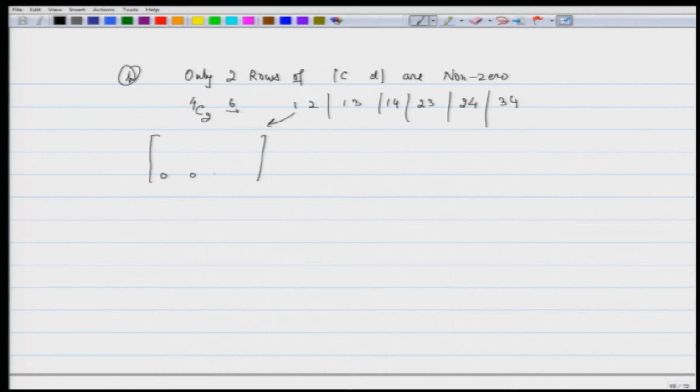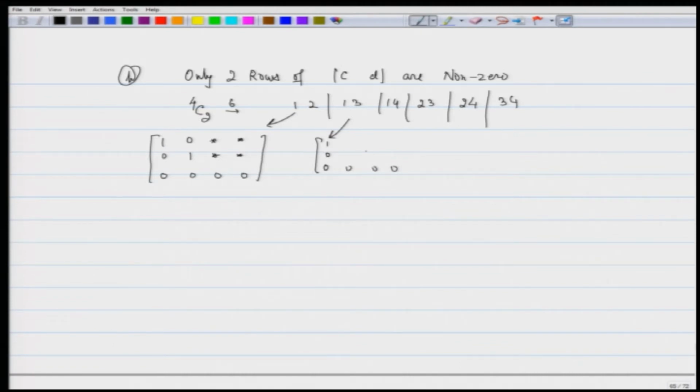What I know is that there are only 2 rows which are non-zero rows, and the 0 row is supposed to be at the bottom. So, the last one is 0 here, and 1, 2 here basically means that I have got 1, 0 here, 0, 1 here. There are no more pivots. There are some entries here that we do not know what they are. Similarly, if I look at 1, 3, I have got 0, 0, 0, 0, 1, 0 here.